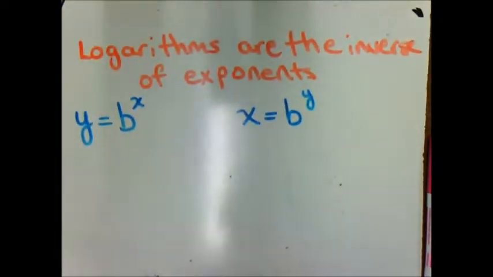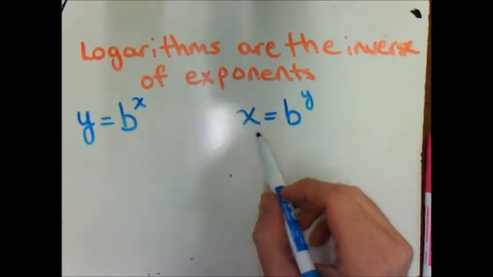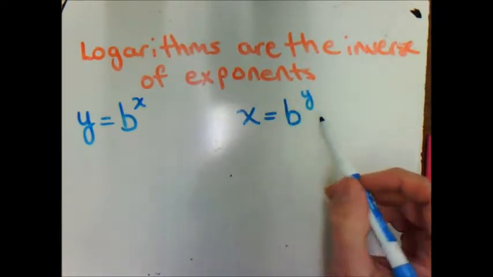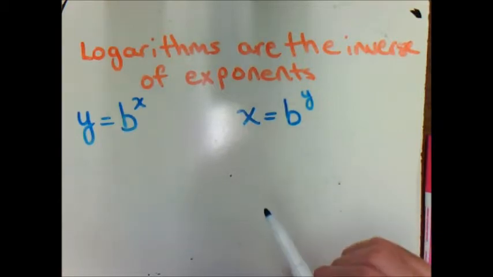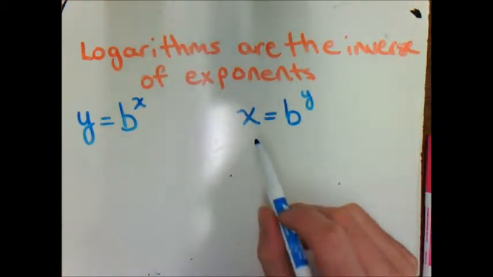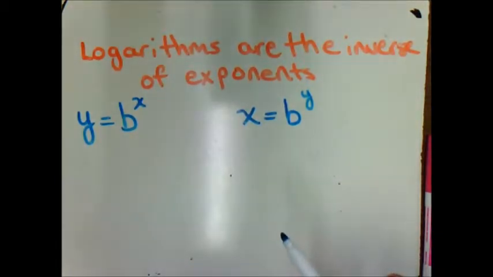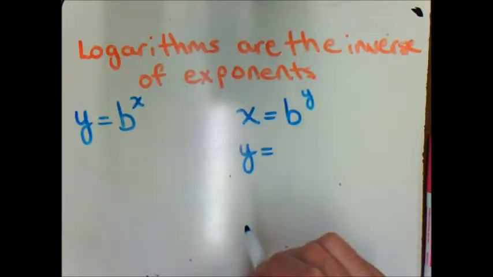But in math, we don't really like things in the form where x is described in terms of y. We'd much prefer having y described in terms of x, where y remains the dependent variable and x the independent variable.